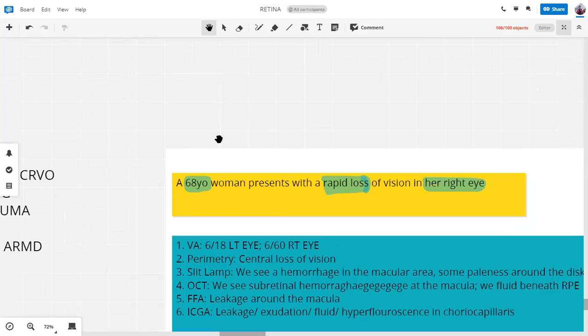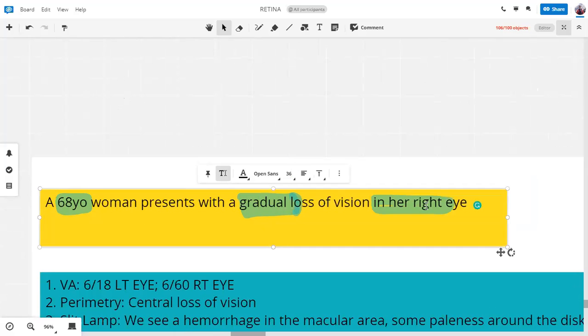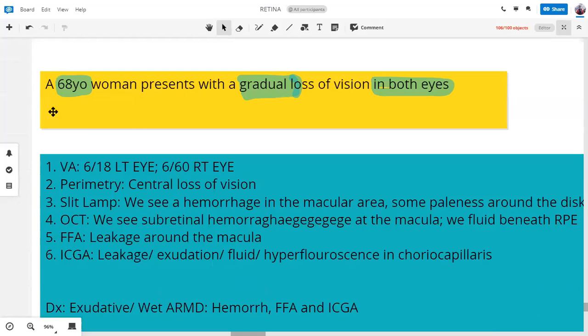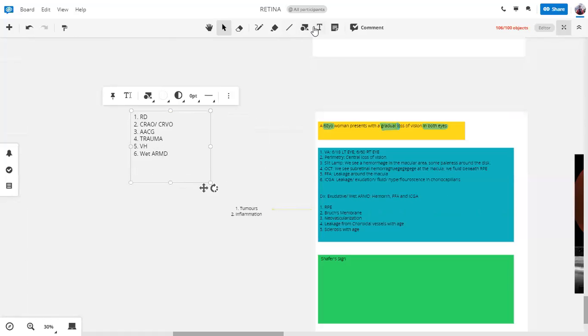Now, this is our second case. Our patient presents with gradual loss of vision instead of rapid, and this gradual loss of vision is not in her right eye only, but in both eyes. Then what will come in your list of differentials? This was our list for sudden rapid loss.